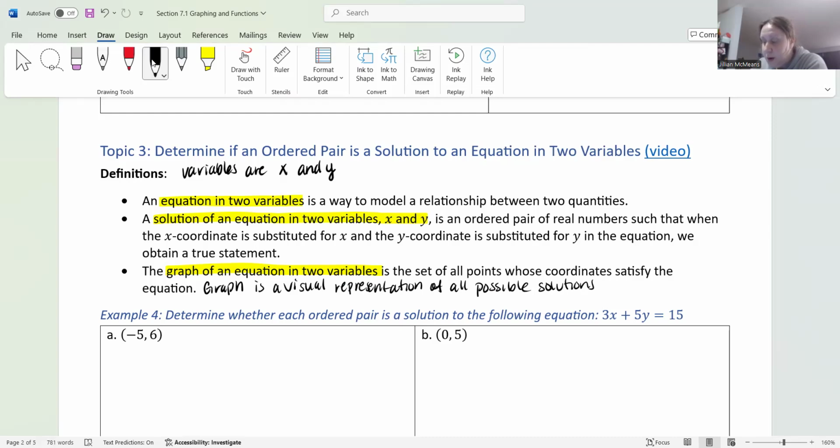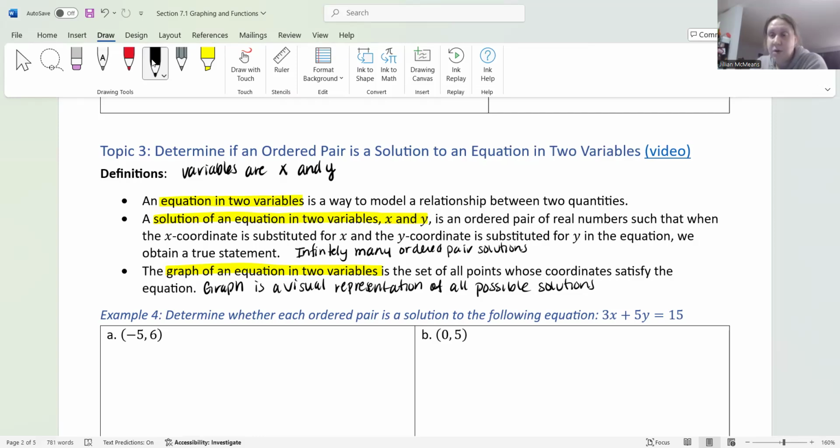When we're dealing with equations in two variables, there are infinitely many ordered pair solutions. This is a little bit different than what we did back in chapter 6.